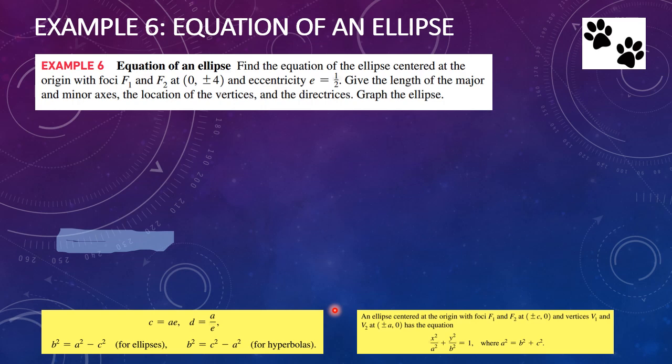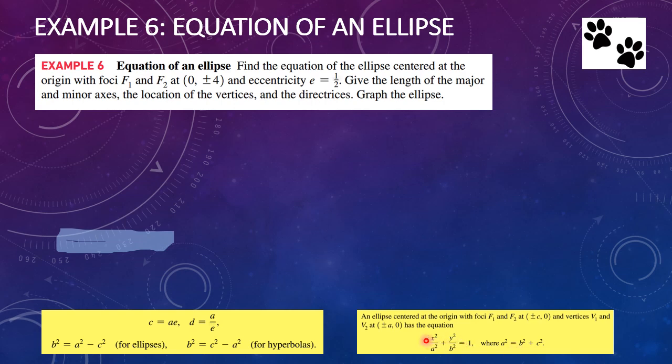Find the equation of the ellipse centered at the origin with foci F1 and F2 at (0, plus or minus 4). So already we see that the major axis is the y-axis. So what changes about this formula, because this is an x major axis ellipse?